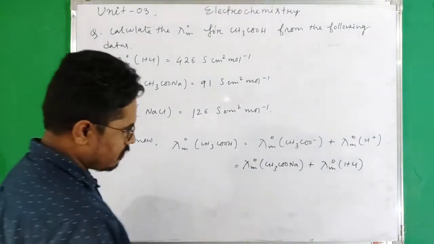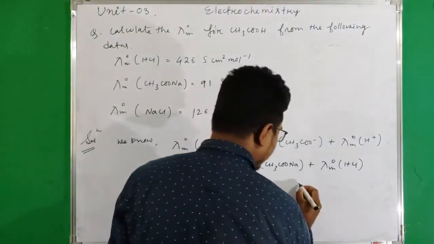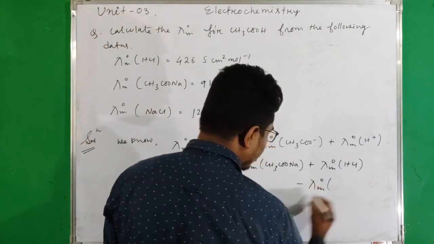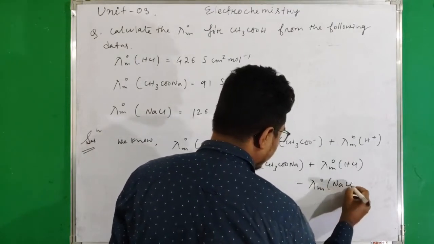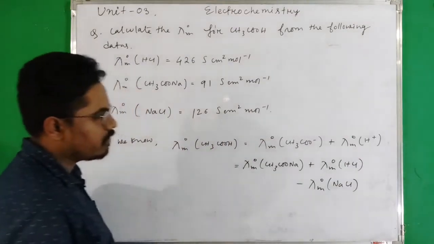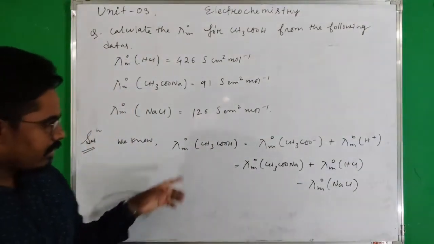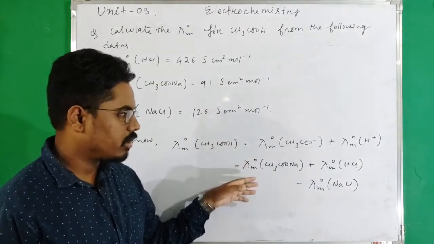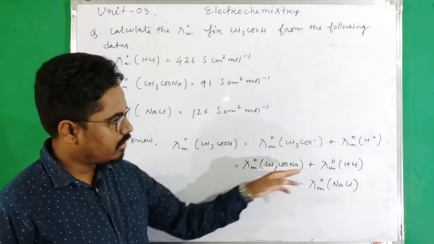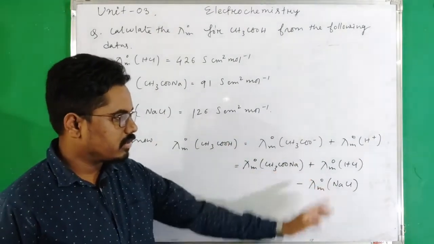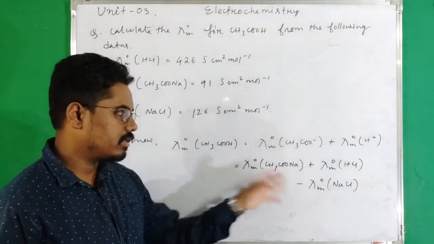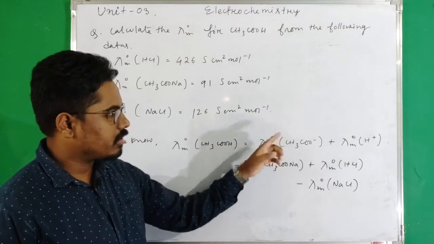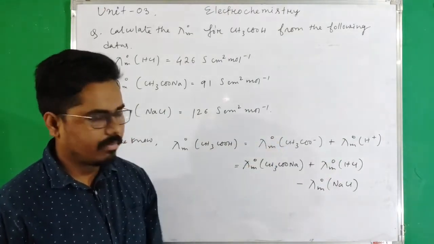So to get the exact value we will subtract the lambda m naught for sodium chloride. Like acetic acid, we can break the limiting molar conductivity of sodium acetate, HCl and sodium chloride, and after cancelling we will get only the lambda m naught for acetate ion and lambda m naught for H positive ion.